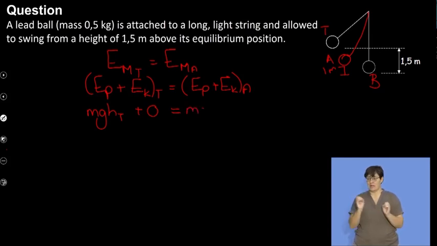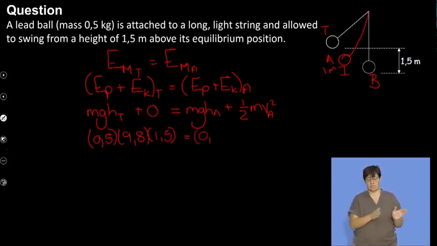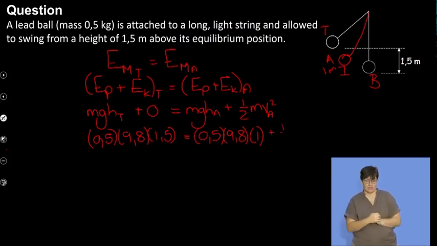Now I've got mgh at point A plus a half mv squared at point A. So 0.5 times 9.8 times 1.5 is going to be equal to 0.5 times 9.8 times 1 plus a half times 0.5 times v squared.